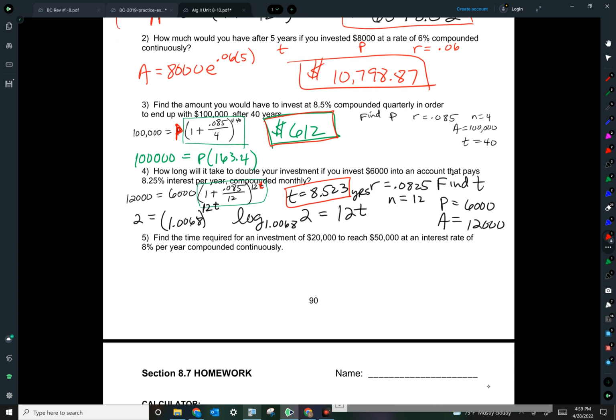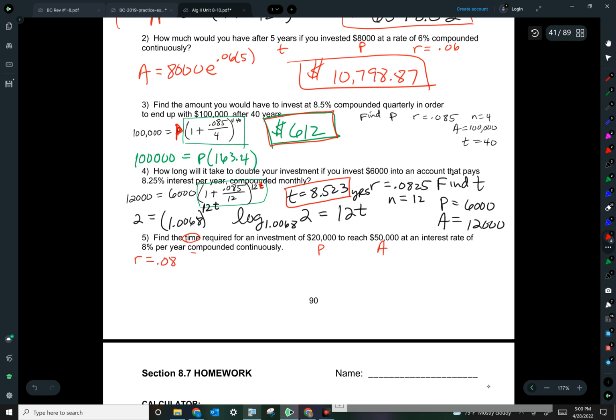Okay, so look down at number 5. Find the time required. We're trying to find time for an investment of 20,000, so that's my P, to reach 50,000, so that's the A. That's what I want to end up with. At an interest rate of 8%, so R is 0.08.